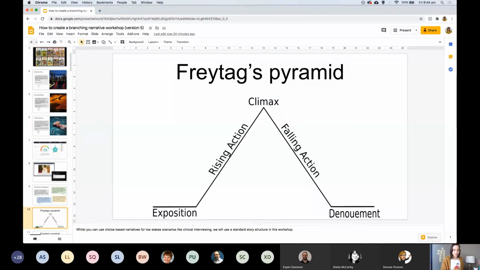With choice-based narratives, most of the time they're going to follow this type of structure. You may want to use a choice-based narrative for clinical interviewing or different types of interviewing, which probably wouldn't follow a narrative structure, but that is totally fine. For the purposes of the workshop, we're just going to use this.